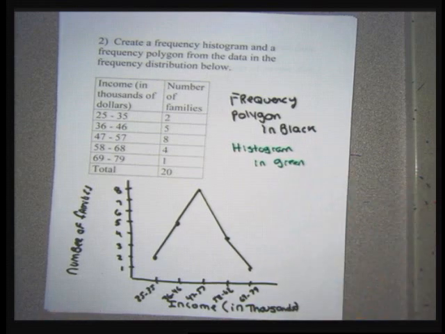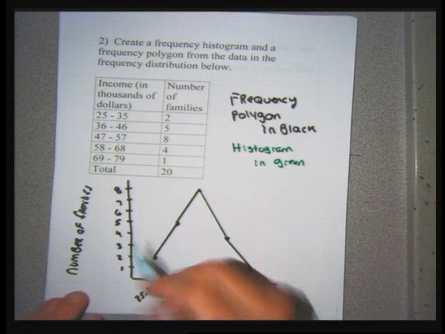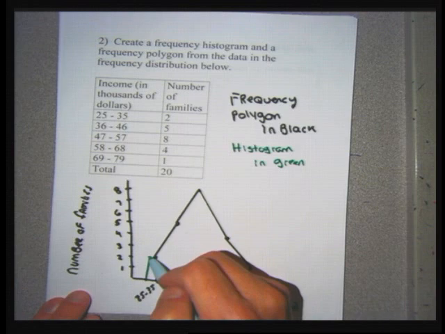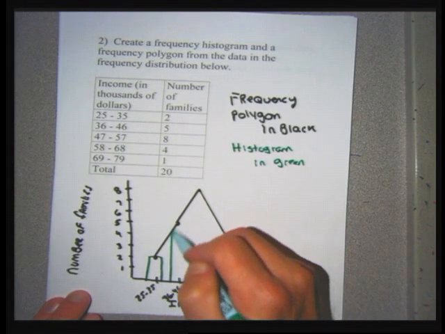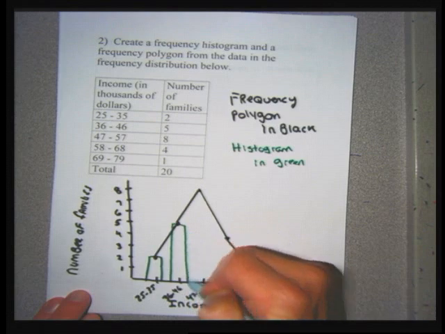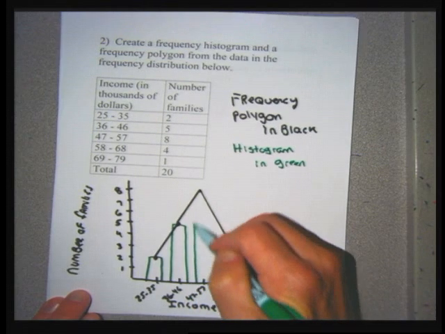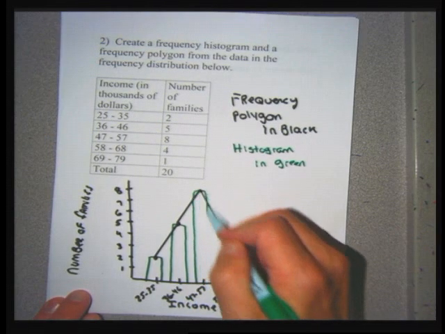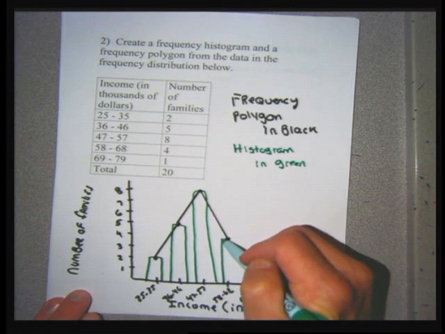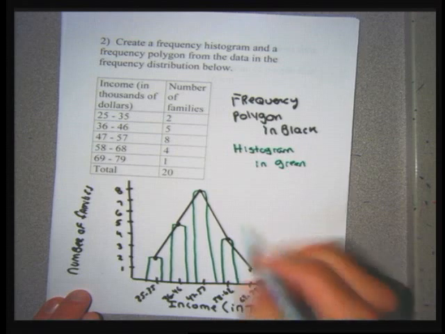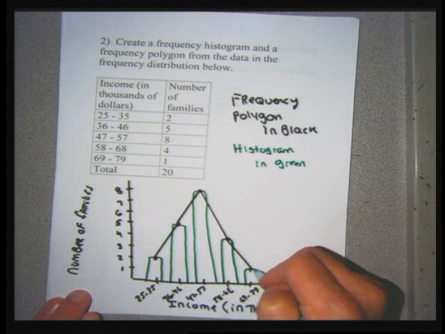So on the same graph, I'm going to do the polygon and the histogram. So I'm going to make a bar to each point that more or less has that point in the center. And Excel doesn't make the bars connect, but if you make your bars connect, it's completely okay.